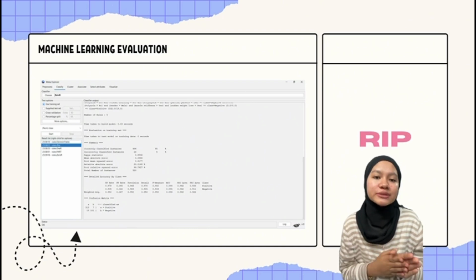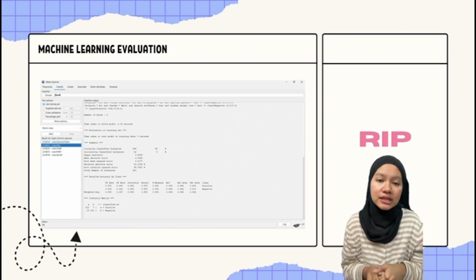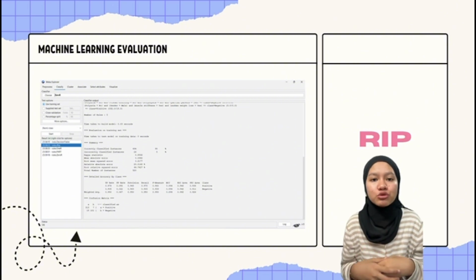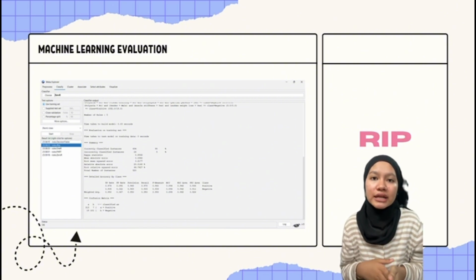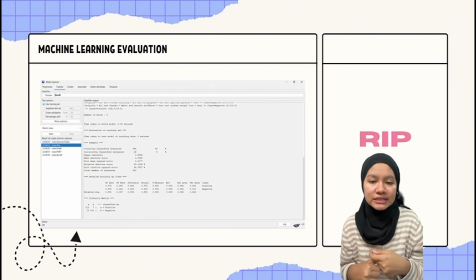Next, when the Weka Explorer interface shows the JRip classifier results, the classifier is able to classify 194 out of 325 instances correctly with 59% accuracy, while the rate of incorrectly classified instances is 40%.